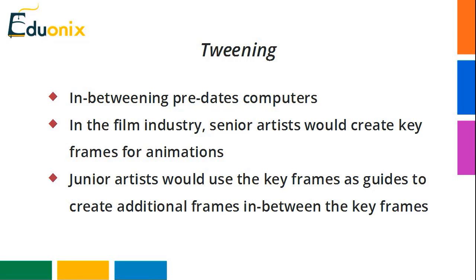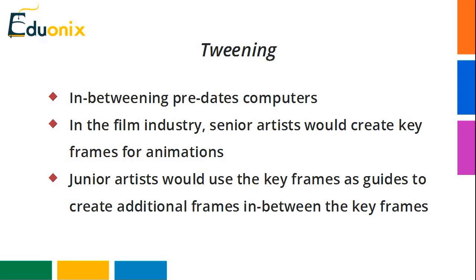And in fact something called in-betweening predates computers, because this was used in the film industry when they were creating animated movies by hand using paint and drawing tools like pencils, coloured pencils, that kind of thing, when it wasn't on computers.